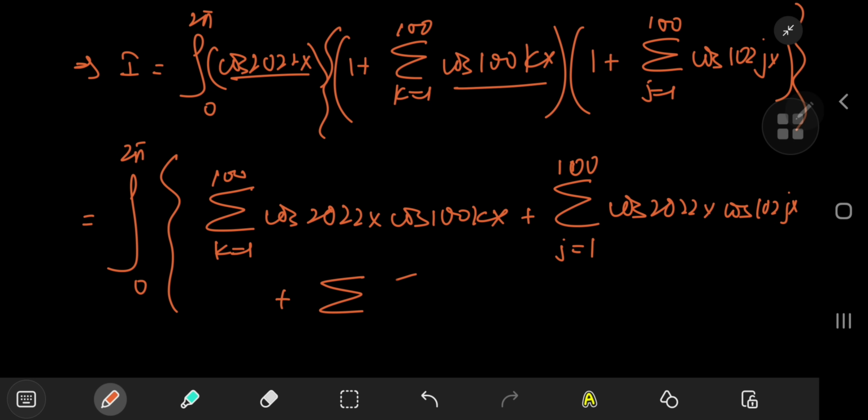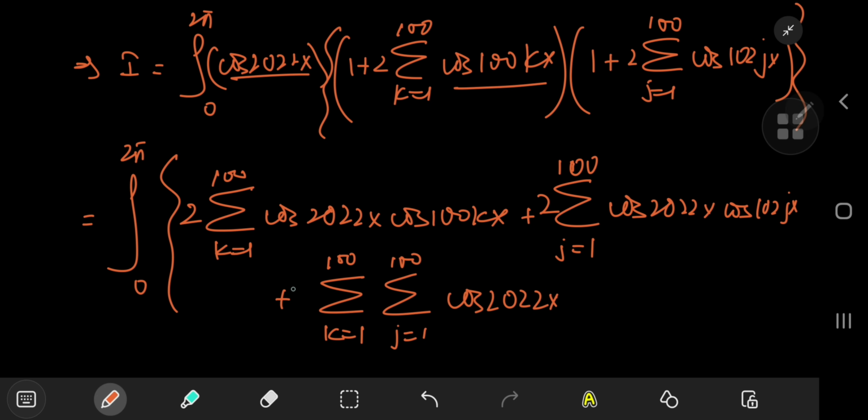And you're also going to have this double sum here over k and j both running from 1 to 100 of cosine 2022x. And wait, these coefficients of 2 that I forgot. Not cool whatsoever. All right. So you can write this as 2 times this, and 2 times 2 is 4. Cosine 100kx times cosine 102jx.